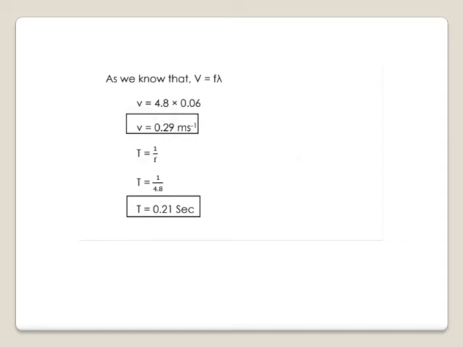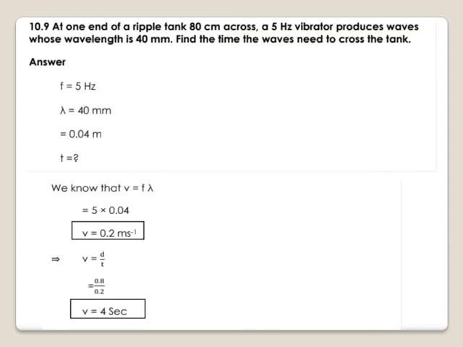Numerical 9. At one end of a ripple tank 80 cm across, a 5 Hz vibrator produces waves whose wavelength is 40 mm. Find the time the waves need to cross the tank. So first of all we have to take the values into SI units.